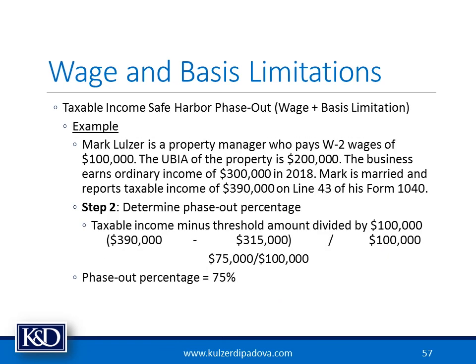Then you take your excess amount, and now you determine your phase-out percentage. Phase-out percentage just means how far into the phase-out range you are. I made the numbers easy here. Mark is filing jointly, and his taxable income is $390,000, which is $75,000 above the threshold. So he's used up 75% of his phase-out range.